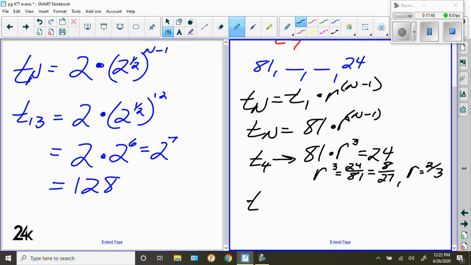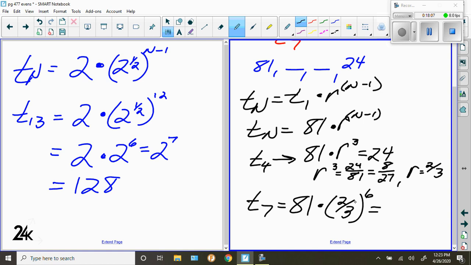Now can I figure out the seventh term? Heck yeah, I can. The seventh term is going to be the first term times 2/3 to the 7 minus 1, which is 6. Punch that into your calculator: parenthesis 2 over 3, parenthesis to the 6, hit equals.